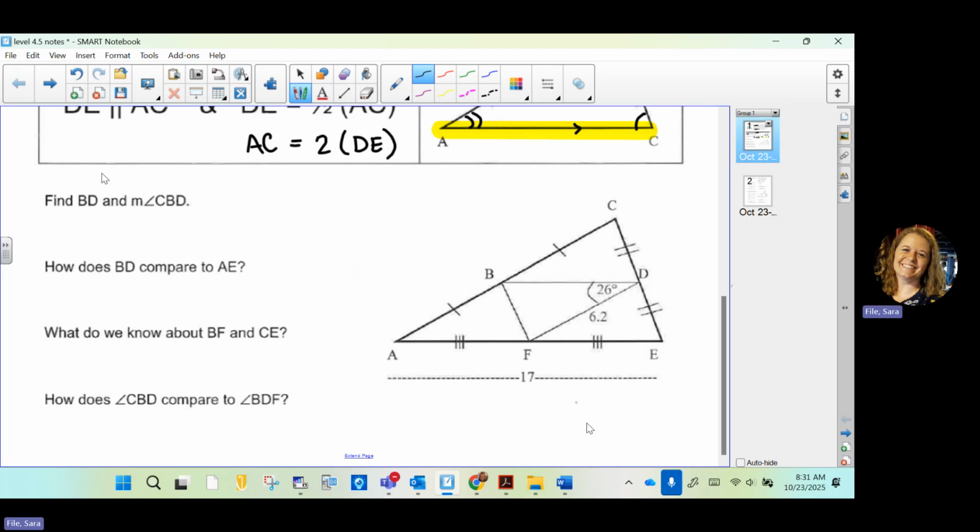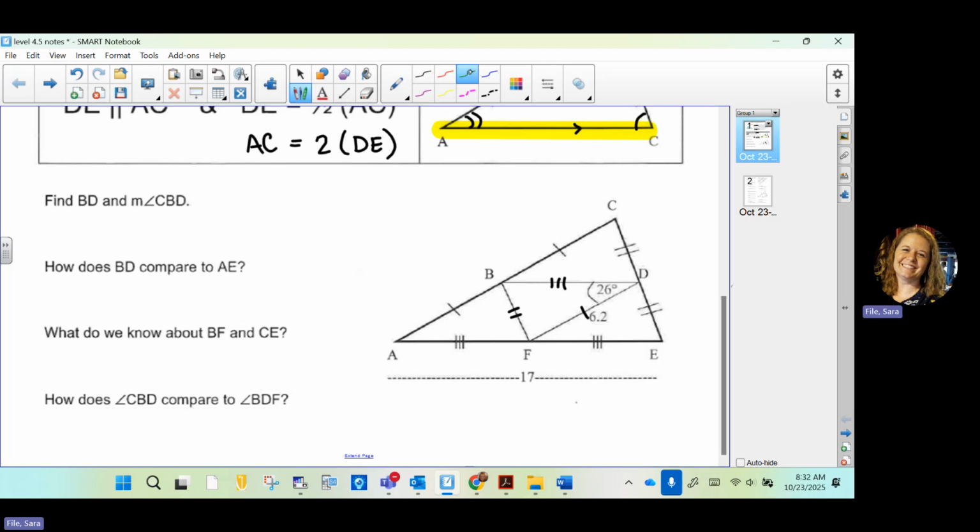The one marked as 6.2, which is FD. Okay, which one should I put 2 tick marks on? Which one's going to be the same as these 2 pieces? BF, good. And then obviously the last one should have the 3, because BD is going to be congruent to AF and FE.